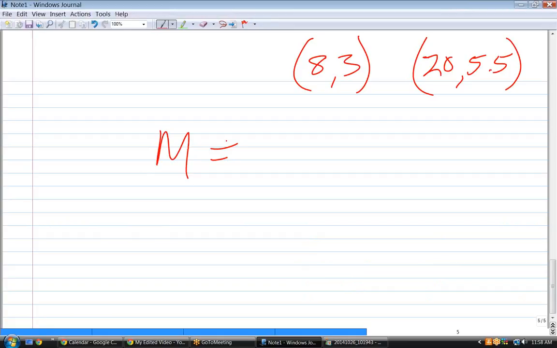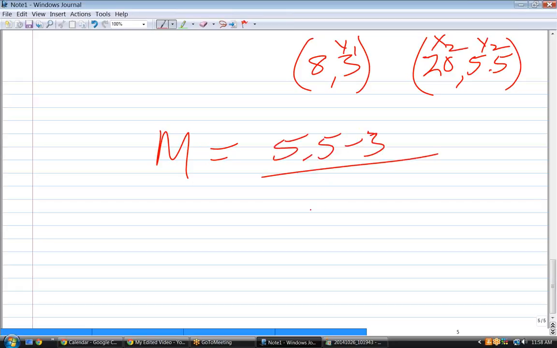What's the slope of those 2 points? It'd be y2 minus y1 over x2 minus x1. This is y2, that's y1. So 5.5 minus 3, over 20 minus 8.